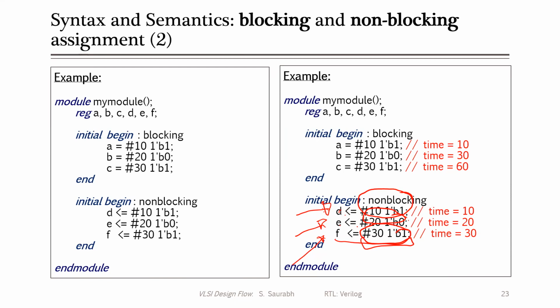This is one of the most important concepts in Verilog, how blocking and non-blocking assignments are executed. Many times you will face questions related to this in interviews. So if you have any doubts, please ask.